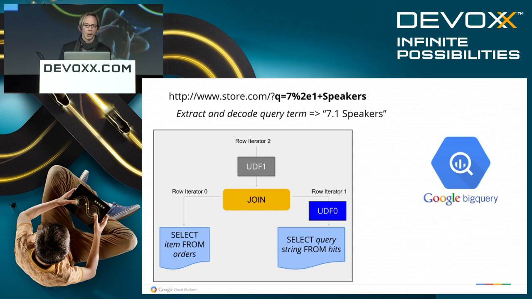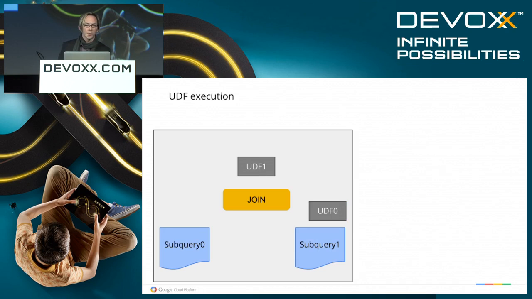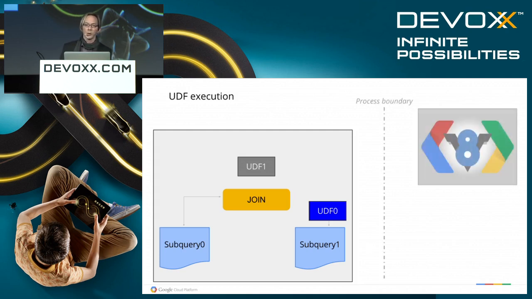I'll show you how the data flows around in this tree. Subquery 0 and subquery 1 start streaming their data. This can happen independently in parallel since it's a sharded distributed system. The rows of data get intercepted by our user-defined function here. The UDF starts streaming the data across a process boundary to an instance of V8, which is the JavaScript engine that's running in your Chrome browser.